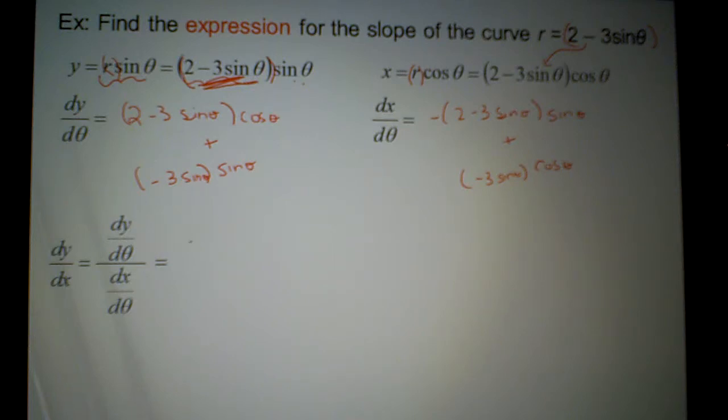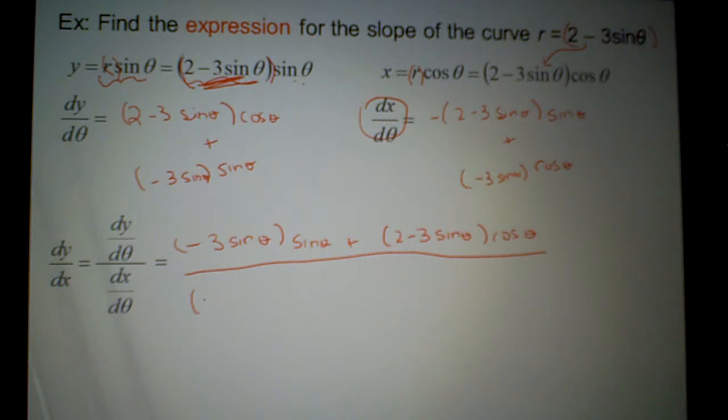So I have, using again the commutative property of addition, negative 3 sine theta times sine theta plus 2 minus 3 sine theta, cosine theta, all over negative 3 sine theta cosine theta minus 2 minus 3 sine theta.